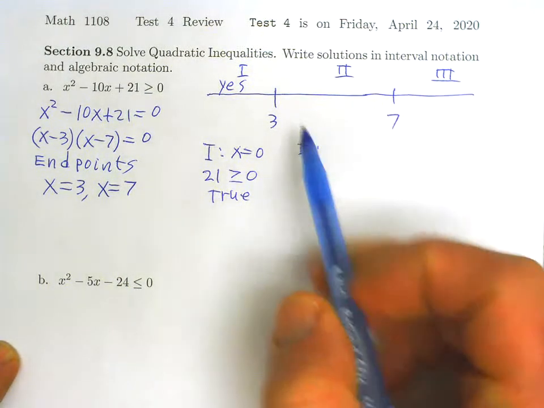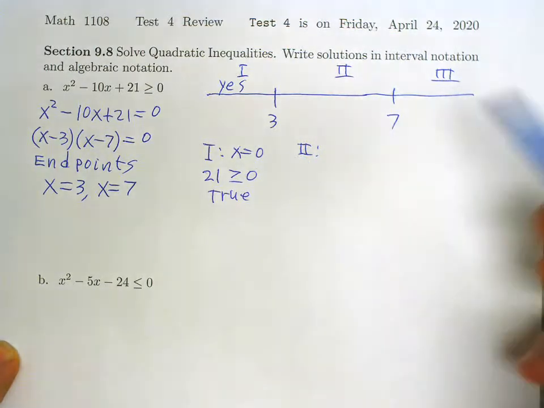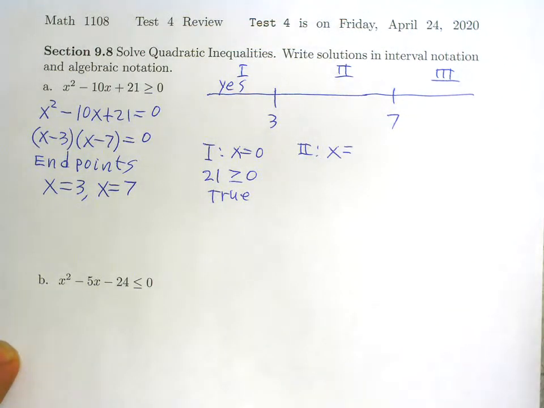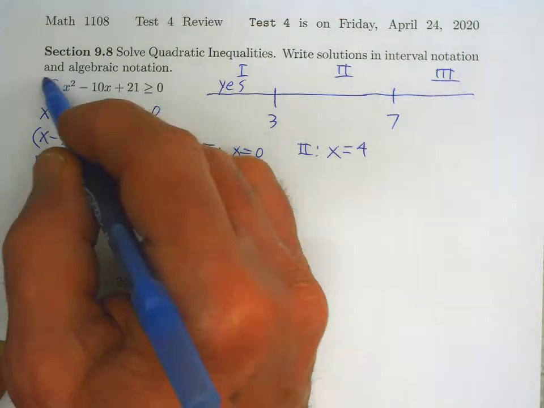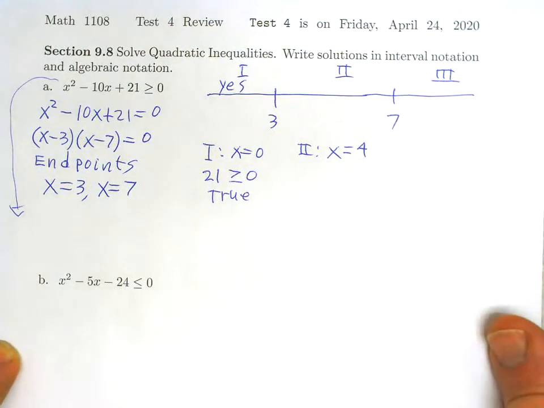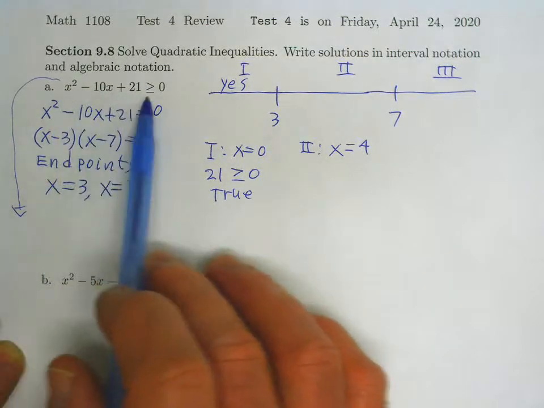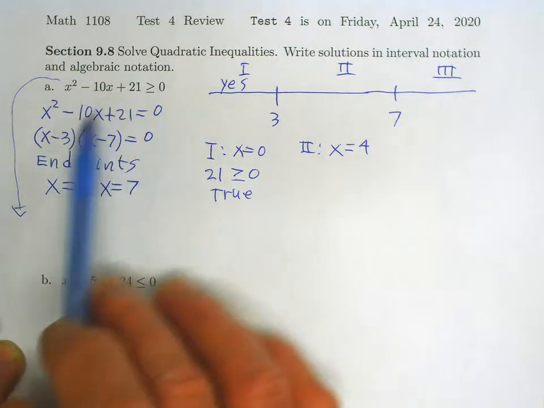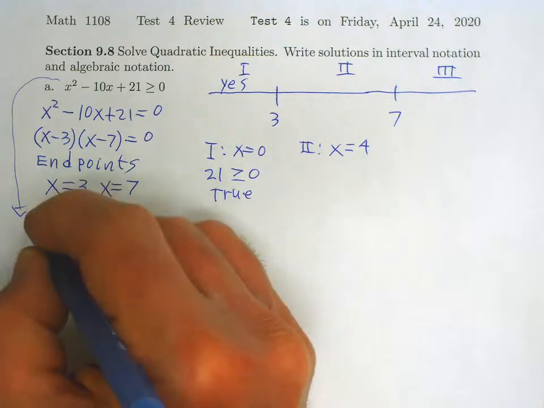In the second interval, from 3 to 7, pick any number you want between 3 and 7. So let's pick 4. So we can use the original inequality, but we can also write the inequality where the trinomial is in factored form instead.